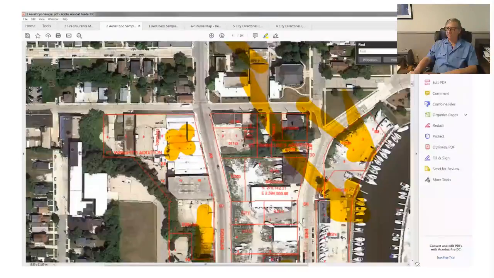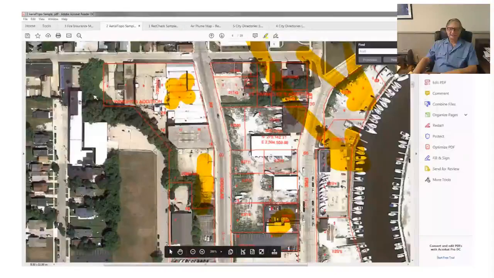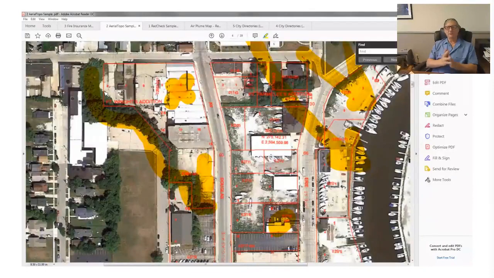The other thing you probably want to look at is, see this green path? Someone tell me what would cause vegetation to grow like that. Can anyone tell me?